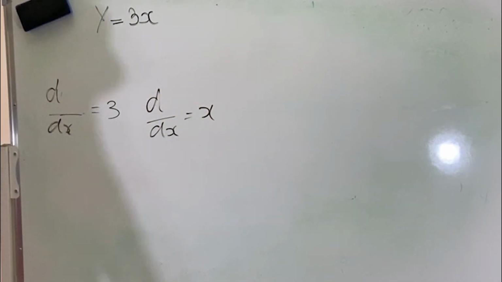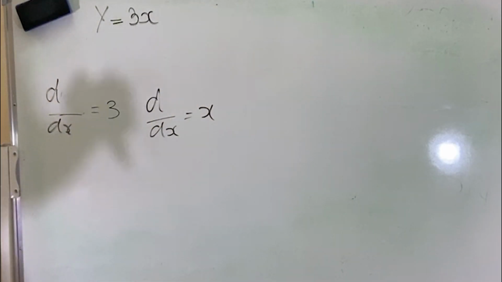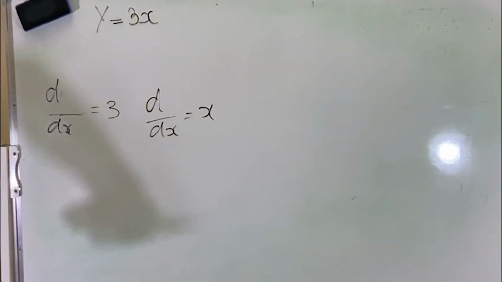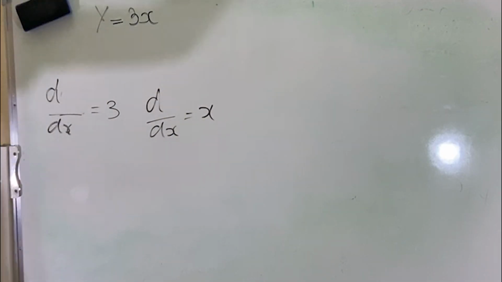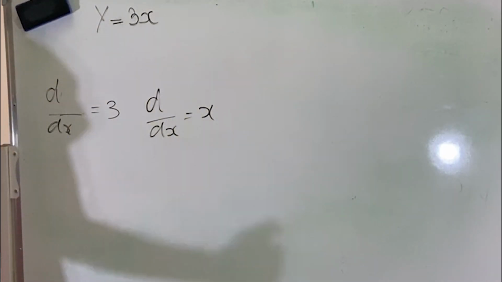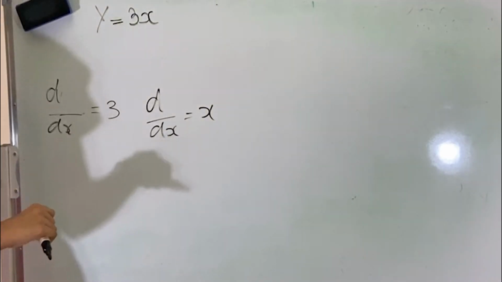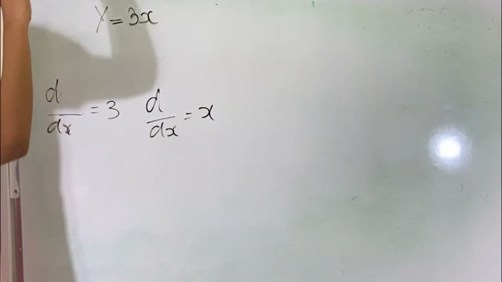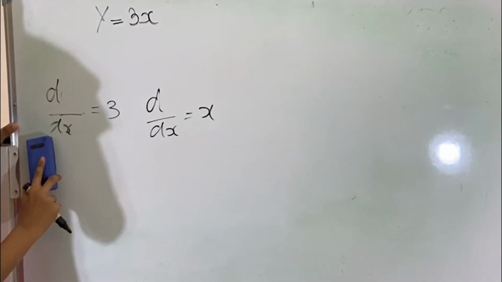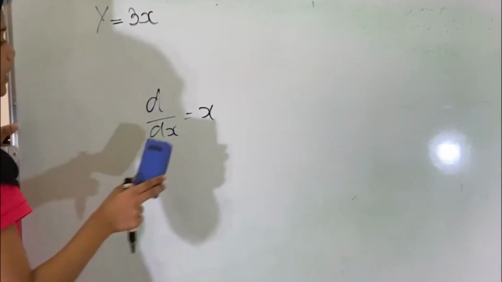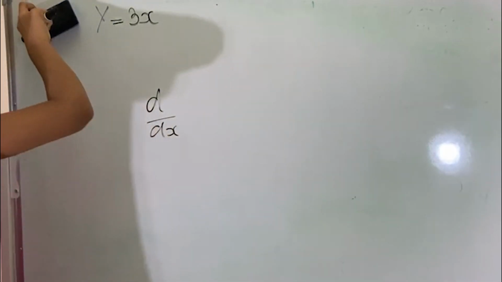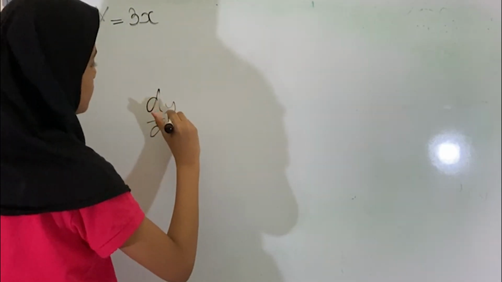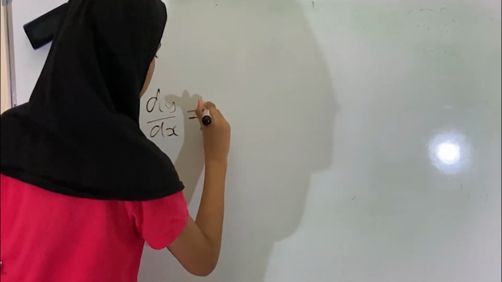We have already found that the derivative of x is 1. So 3 into 1 is going to be 3. So the dy by dx of it is going to be 3.